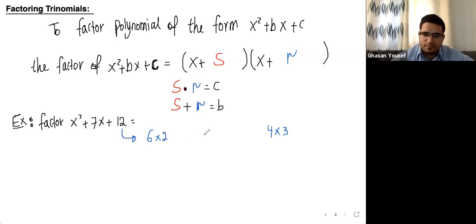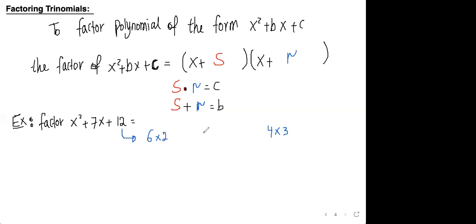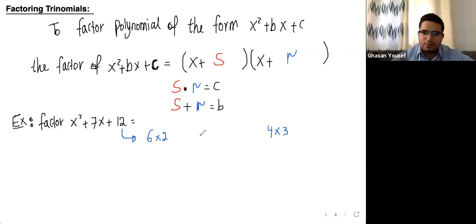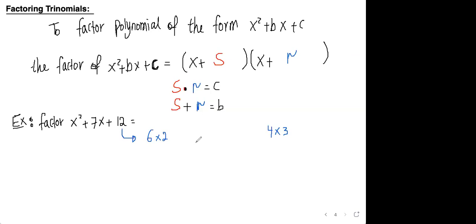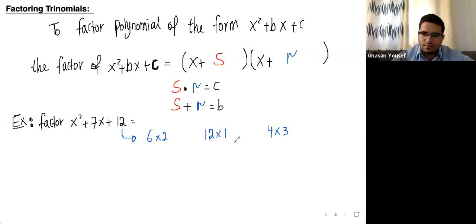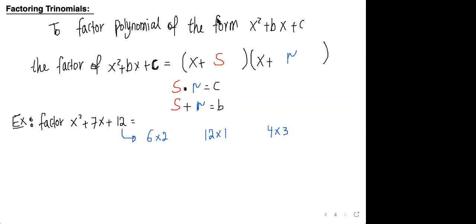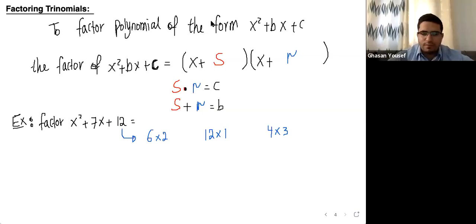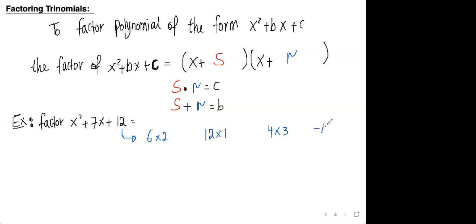What else? 12 and 1, 12 times 1. We could also use negative numbers, so I can set negative 12 times negative 1, for example.